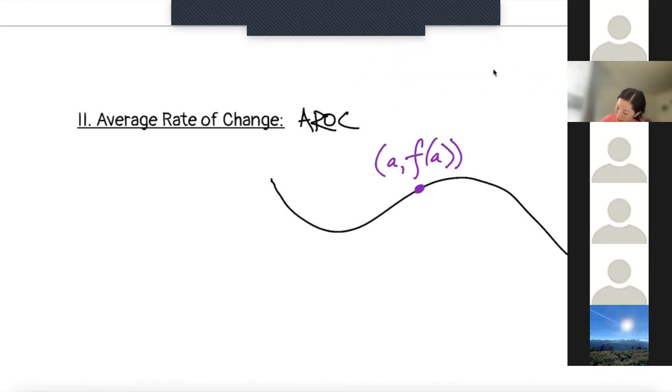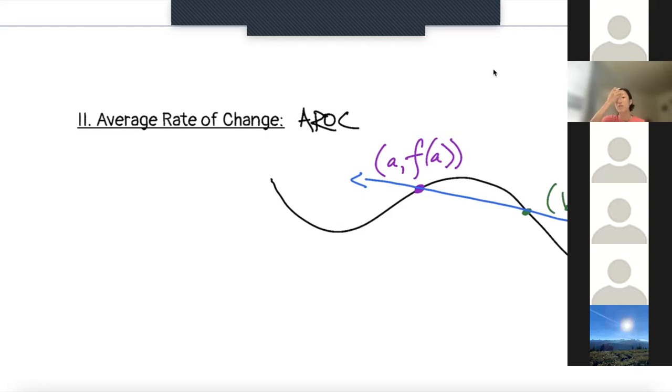Let's say right over here, and let's call this b. Then we can call the y value of that one f of b. If we draw a straight line that connects the two points, just like we've been doing in all of the graphs before, we would end up with a line that looks something like this.